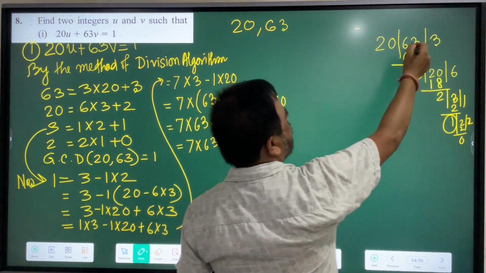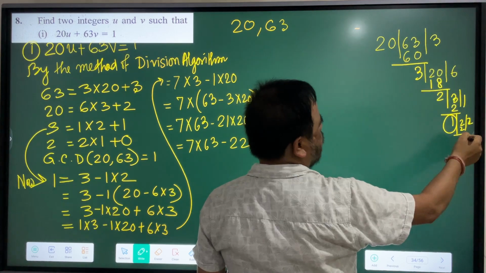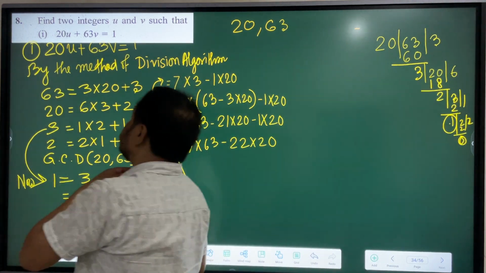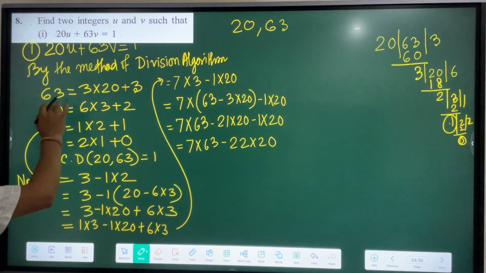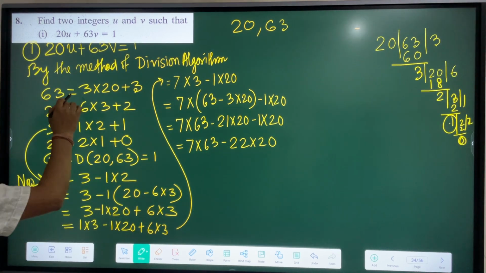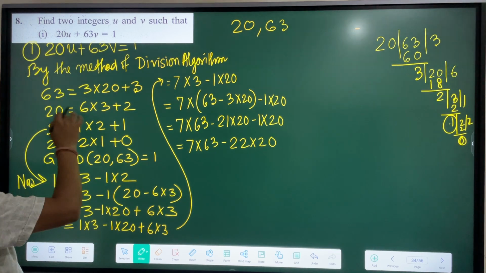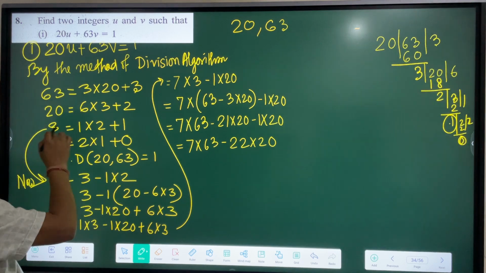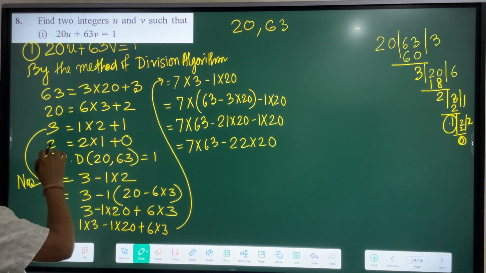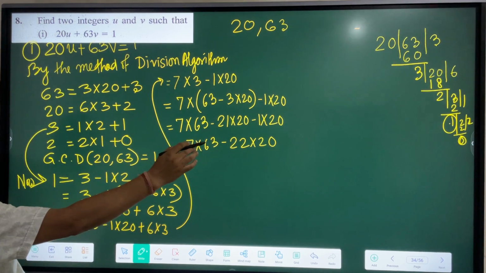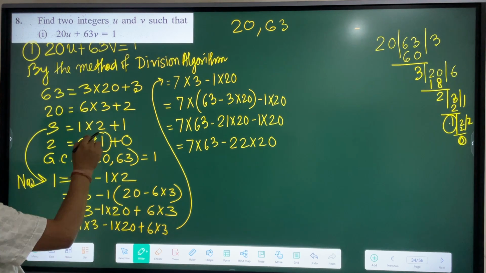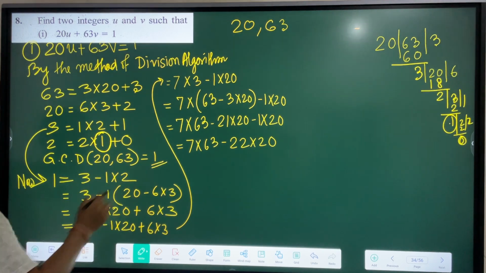So here the remainder is 0 and 1 is the GCD. The previous sum is already done. 63 equals 3 into 20 plus 3. 20 equals 6 into 3 plus 2. 3 equals 1 into 2 plus 1. 2 equals 2 into 1 plus 0. So the GCD of 20 and 63 is 1.